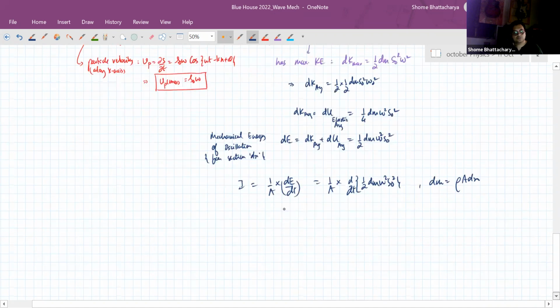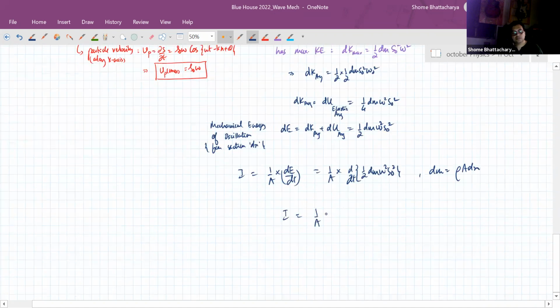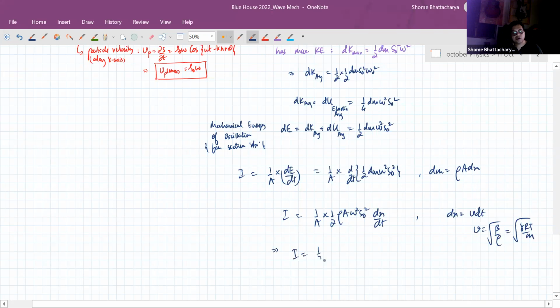So this further becomes 1 by A half rho into A into omega square s naught square into dx by dt. And dx is v dt, where v is square root of bulk modulus by density, or square root of gamma P by rho. The intensity becomes half rho into v into omega square into s naught square. This is an easy formula to remember.